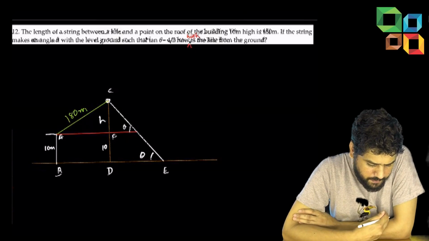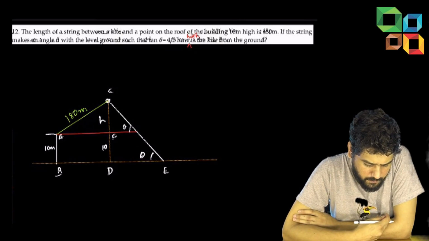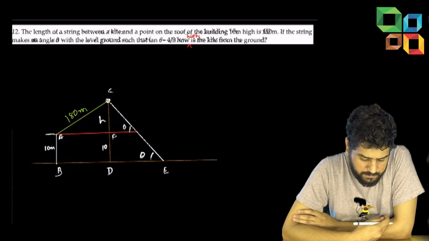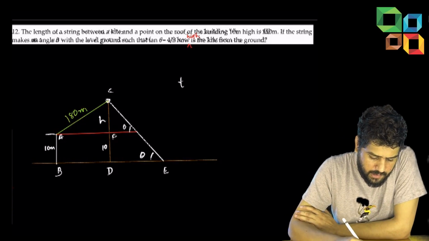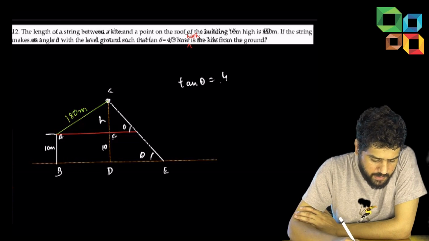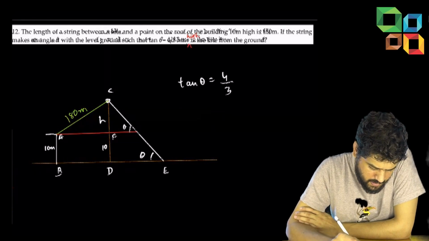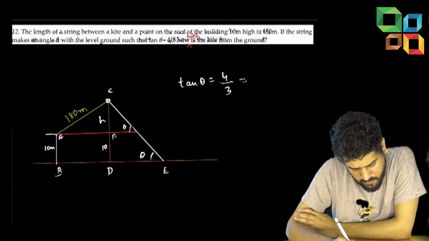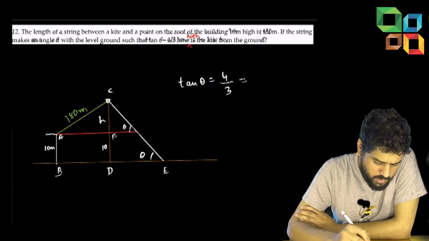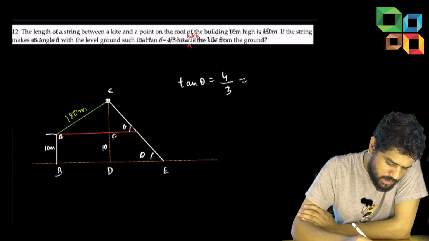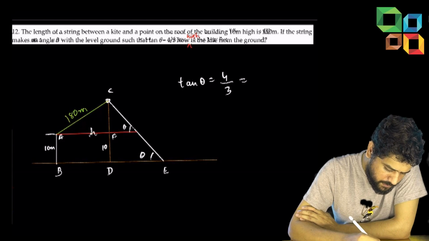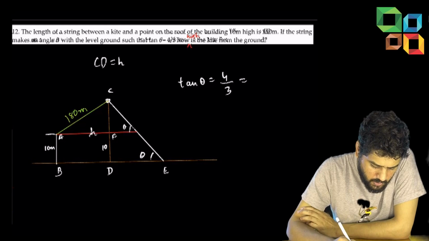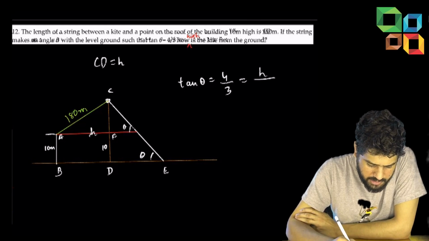So H. Tan theta is 4/3, so we have to use this. Let's take the whole height itself to be h. CD is equal to h, which is equal to h by DE.